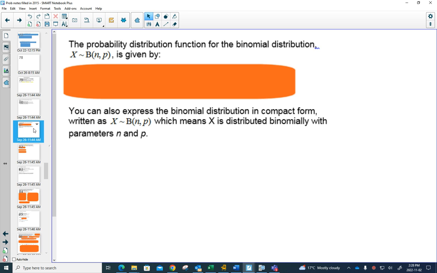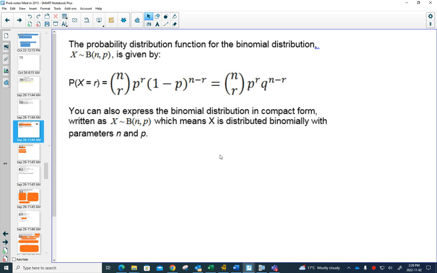So notation-wise, I'm going to change this slightly to have your new notation in there. We have the new combinations formula.